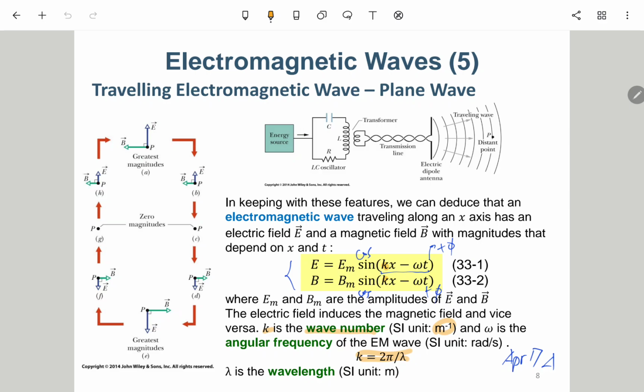First of all, let's take t to be 0, and we also let x to be 0, so the argument kx minus omega t will be a perfect 0.